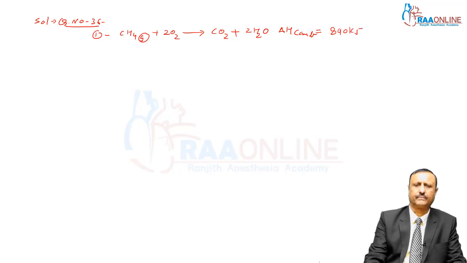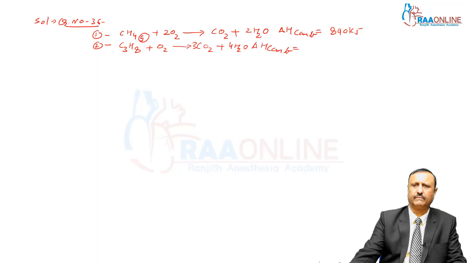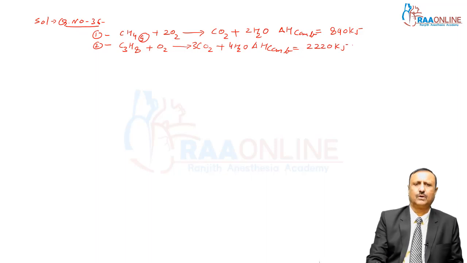Now the second equation, propane, C3H8, plus oxygen gives thrice CO2 plus 4 H2O, and delta H combustion is 2220 kilojoule, as given in the numerical.